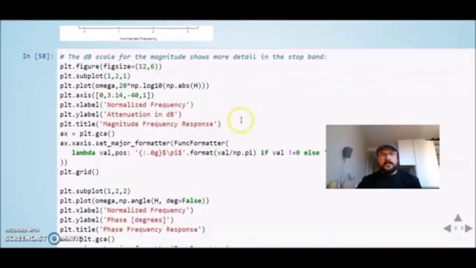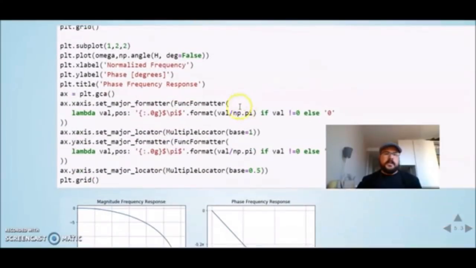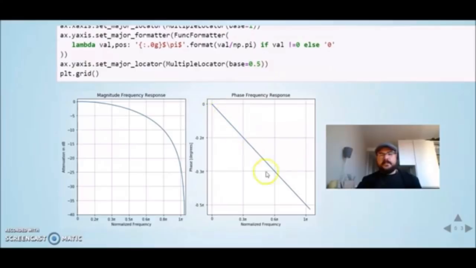We're plotting now in the dB scale, and we're also plotting the phase. So we see it's a linear phase with a slope of 0.5. So here we see the normalized frequency, so pi is the Nyquist frequency, and we see the slope of 0.5, so it's a linear phase. And here we can see the magnitude in the dB scale.